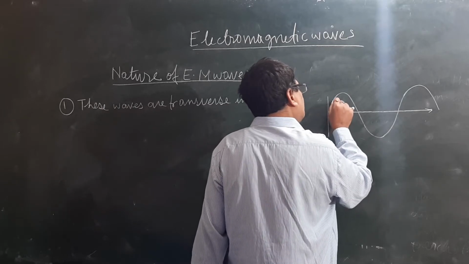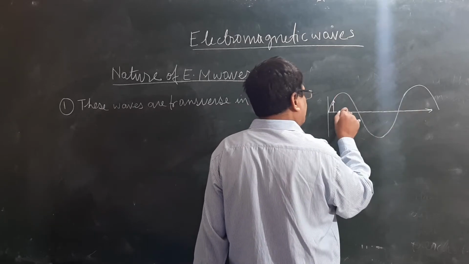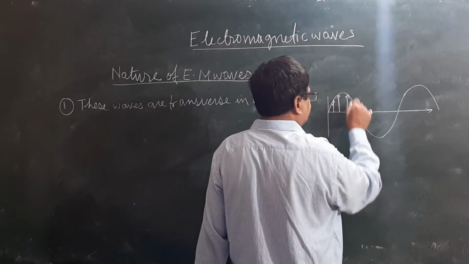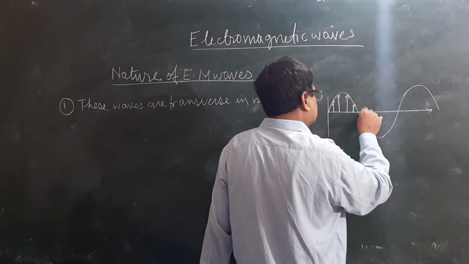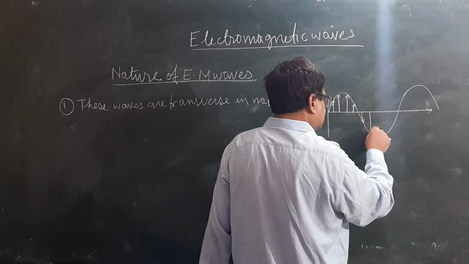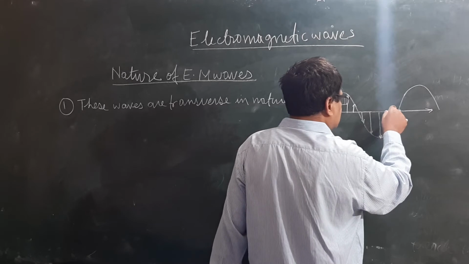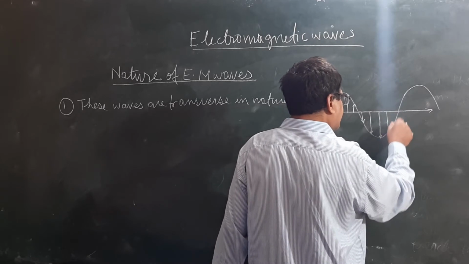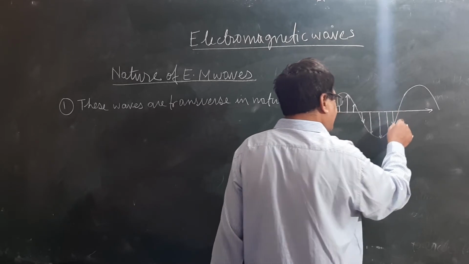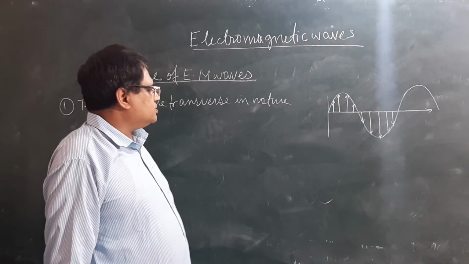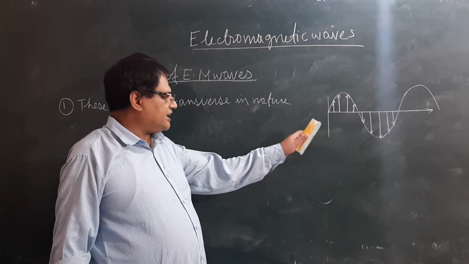These components are perpendicular to the direction of propagation. That is why it is called a transverse wave. Particles don't move here because it is not a mechanical wave. It is an electromagnetic wave. This can travel even in vacuum without any material medium. So you have seen how the transverse wave looks like.